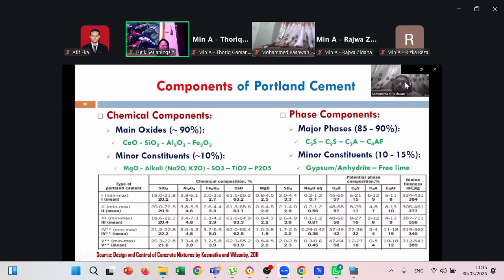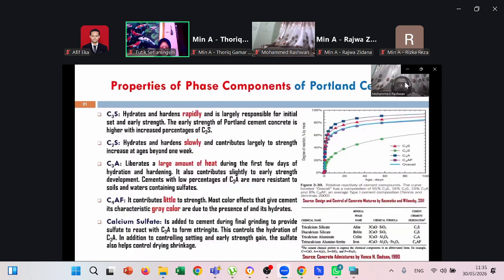And the last column shows the fineness, the surface area of the cement. Increasing surface area means a high grinding effect, and high fineness indicates high early strength cement.